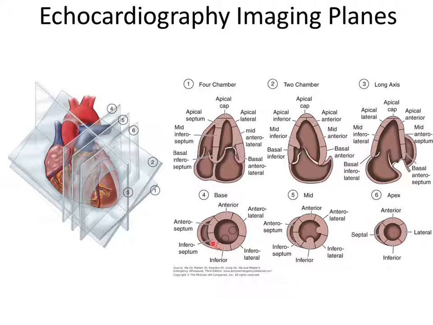And so the patient's right arm is over here, the patient's left arm is over here, and their chest is up here. Okay?